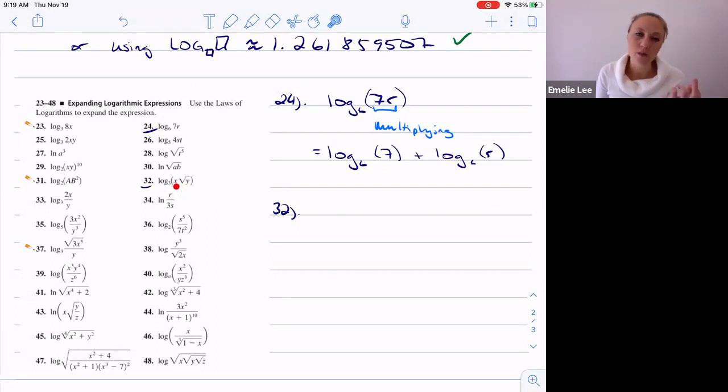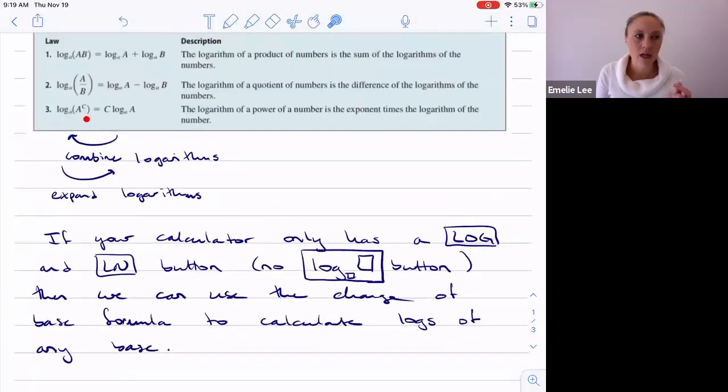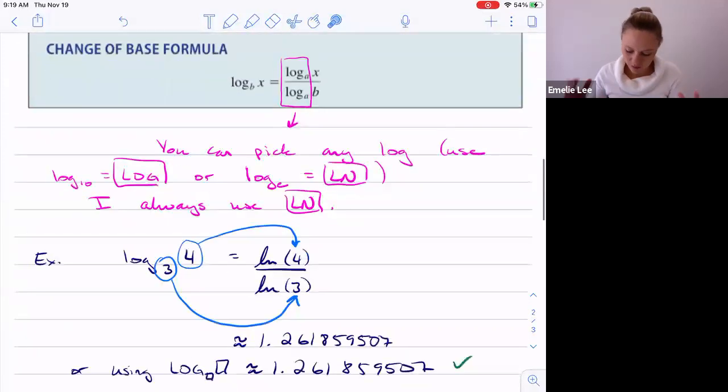Although here we're just multiplying x times root y, but later we'll be able to expand it just a little bit further using this last log. Y to the 1/2 we can write as 1/2 log base a, I can't remember what it was, of y, right? And so we're going to expand it completely.